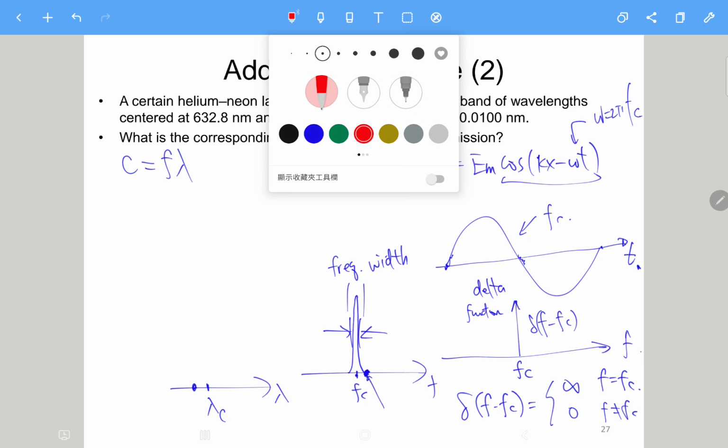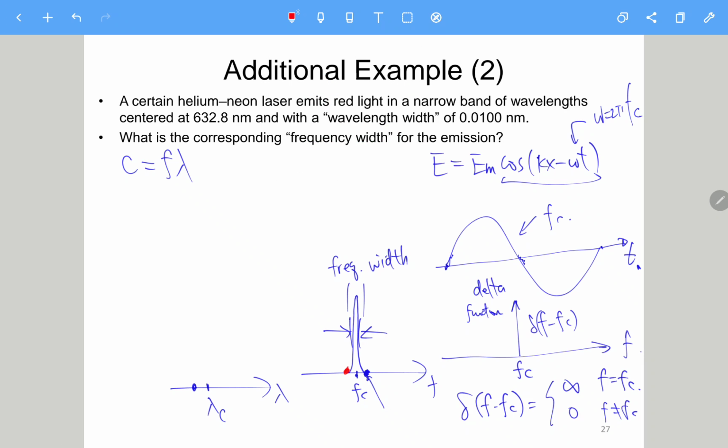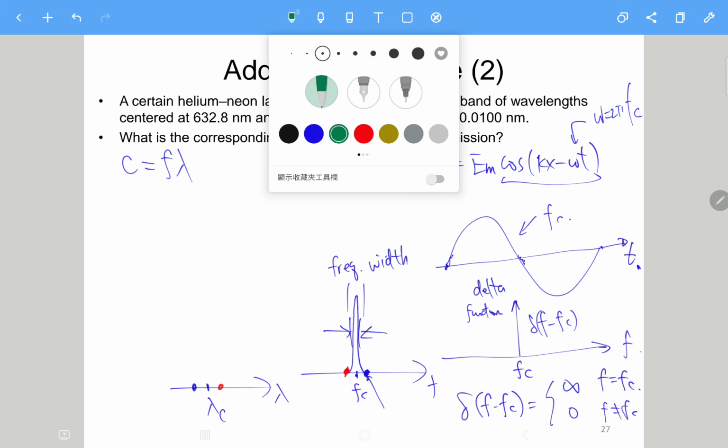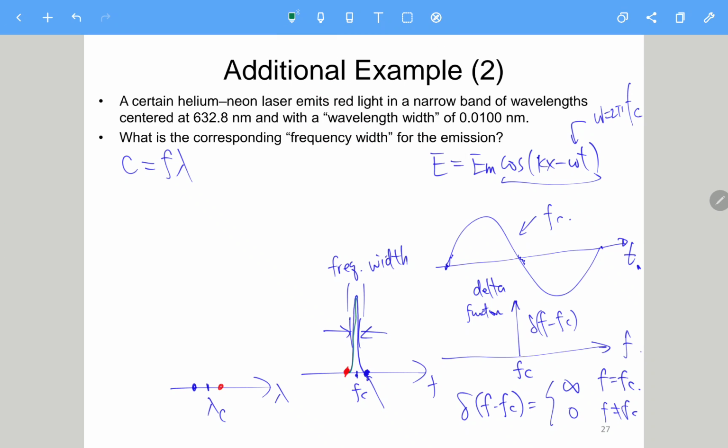And this point, which is slightly lower than fc, when you take the reciprocal, goes to the other side. And then we can also define this as the wavelength width.